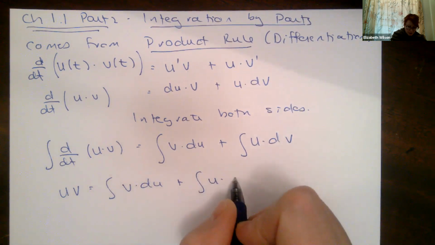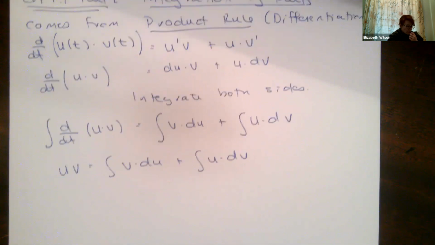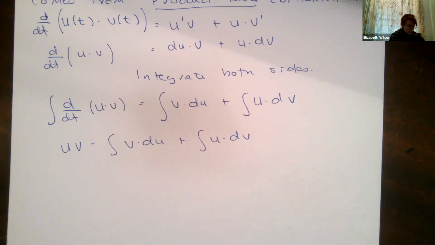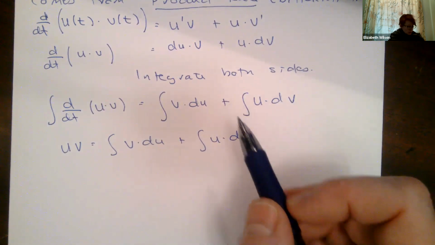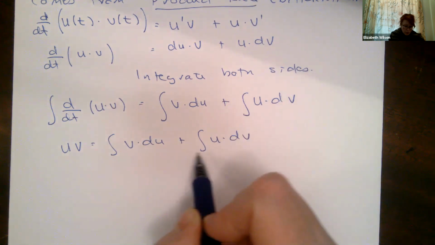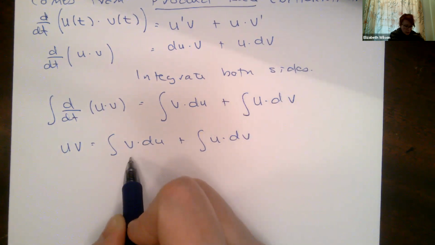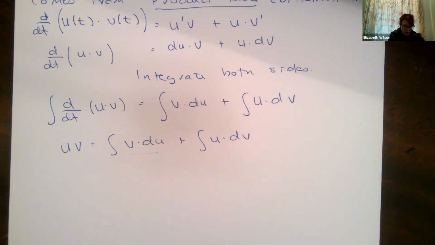And then here I've got the integral of v times du plus the integral of u times dv. Now we're going to rearrange this a little bit, because I want to solve for this bit and then plug it into my equation.